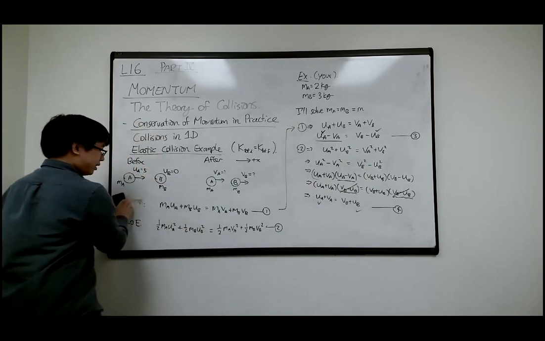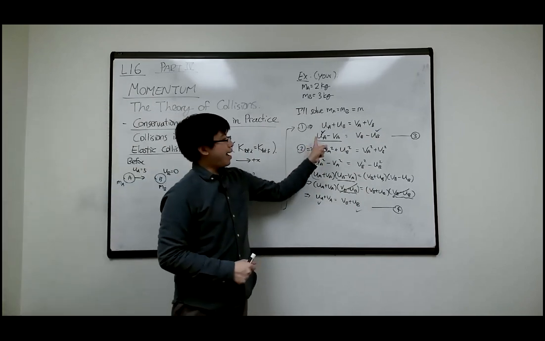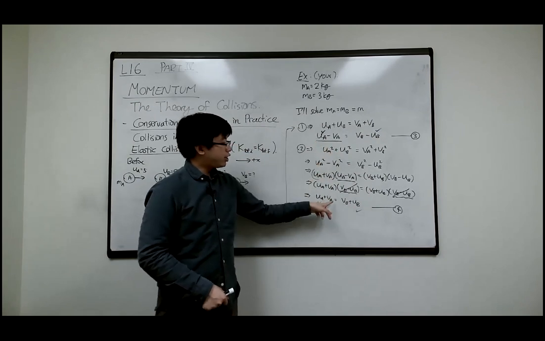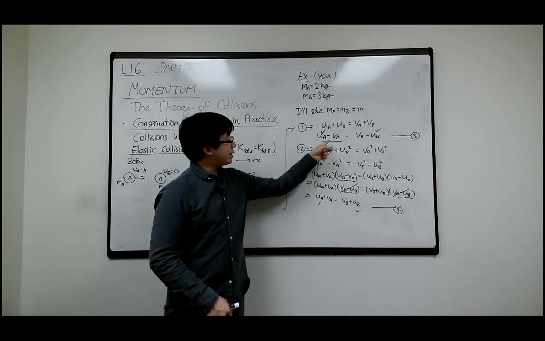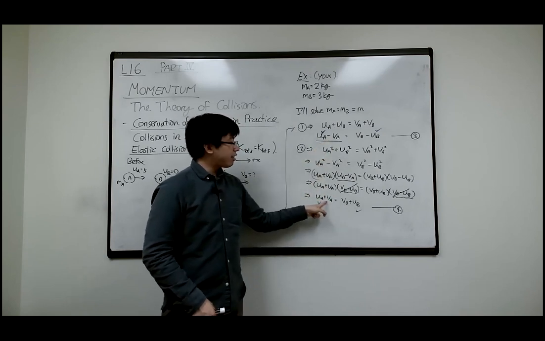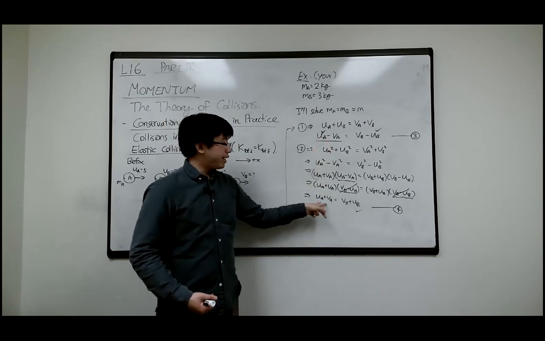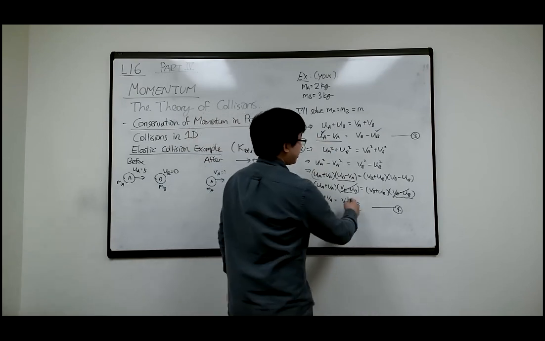So let's do it here. I have equation 3 and equation 4. What I want to do is solve for VA and VB. One of them is minus, one of them is plus, right? So again, it begs you to just add them together, because if you add them, you successfully eliminate VA. So let's try that.